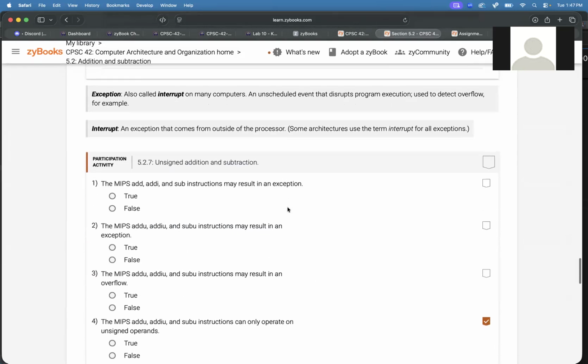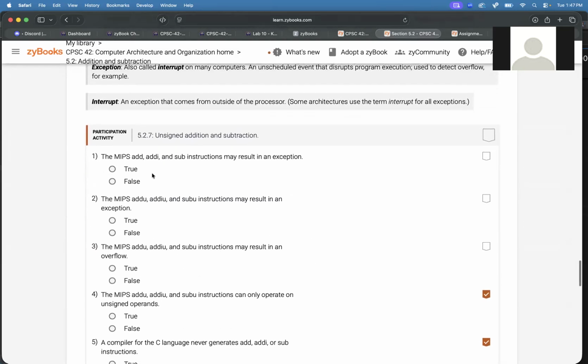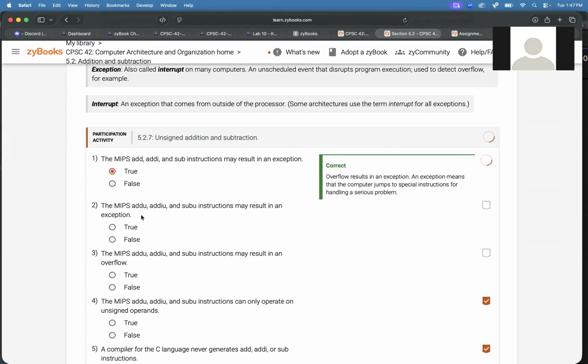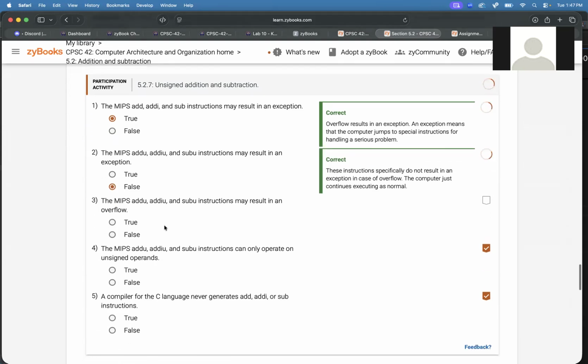Okay. So, we can do these just like the MIPS addi, that's add immediate, and sub instructions may result in an exception. You can read up here to see that that's true. These do not. You can read up here to see that that's true.